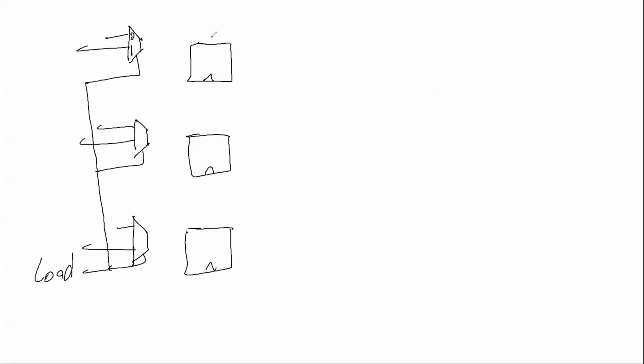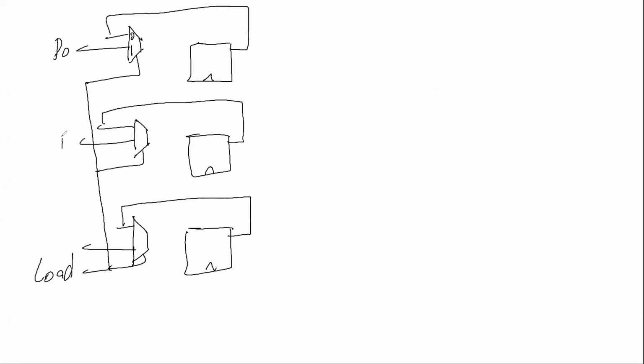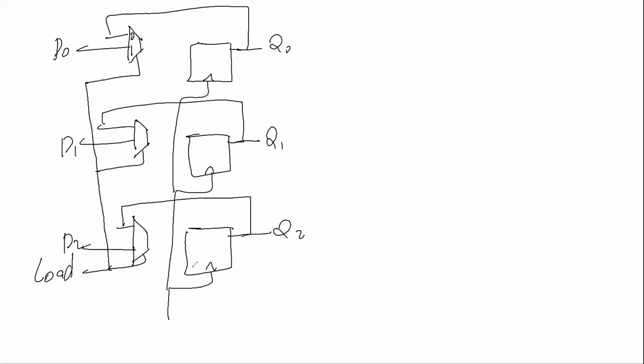Now each input will connect to its own flip-flop, and the data in should be D0, D1, D2. This will make the output Q0, Q1, and Q2. And of course, you will apply the same clock signal to all your flip-flops.